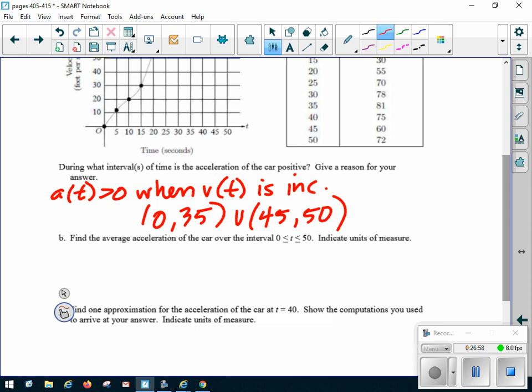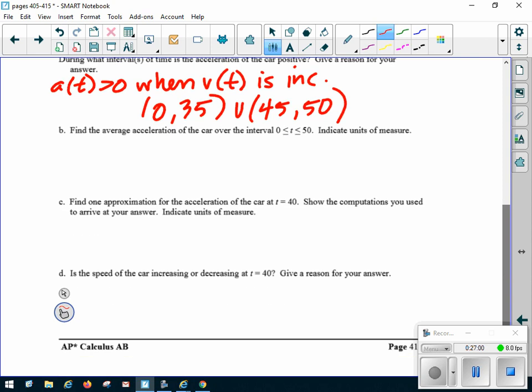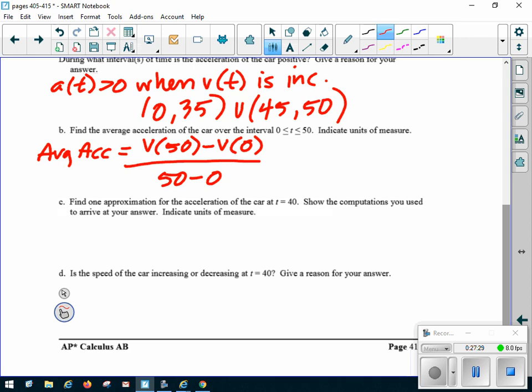All right, find the average acceleration over the time interval 0 to 50. Go back in your notes. This set of notes reminds you how to do average acceleration. Go back and look. That's right. Average acceleration is v of b minus v of a over b minus a.